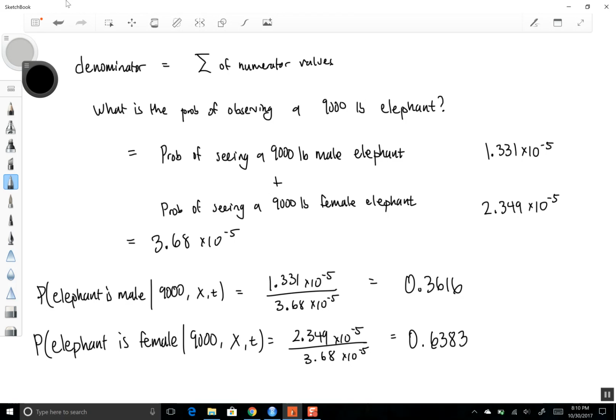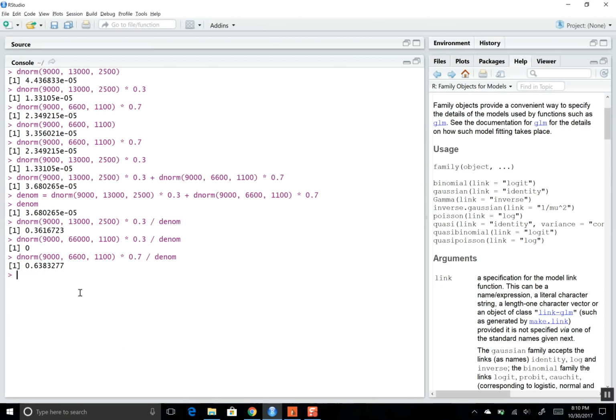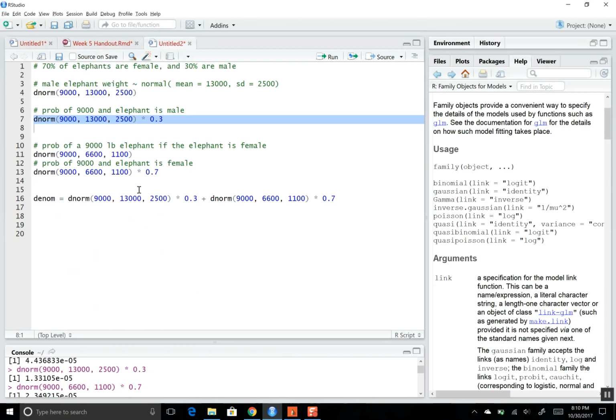But we have to mix that in with the prior probabilities, and so this adjusts the probabilities rather than 70% and 30%. Now that we've considered the data, we would say the probability that it's male is now 36% versus 64%. All right. Let me just kind of illustrate graphically what this looks like.